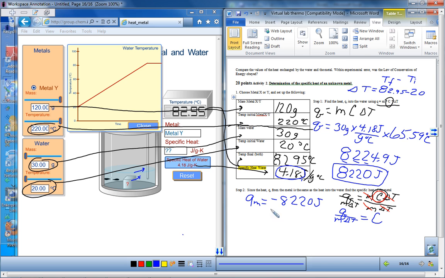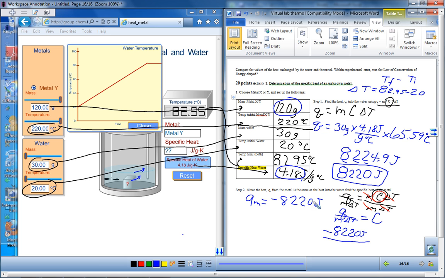So, again, I'm going to take negative 8220 divided by the mass of the metal. That's going to be up here.